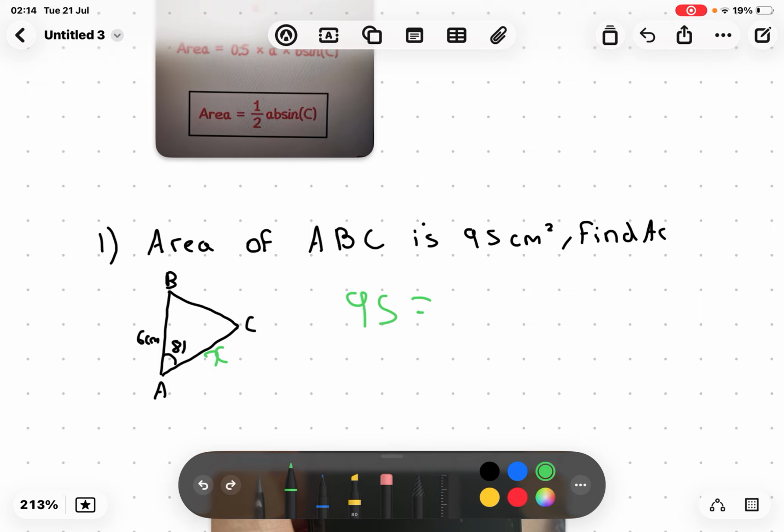So we are going to use this formula. It's equal to 1/2 times A times B times sine of the angle.